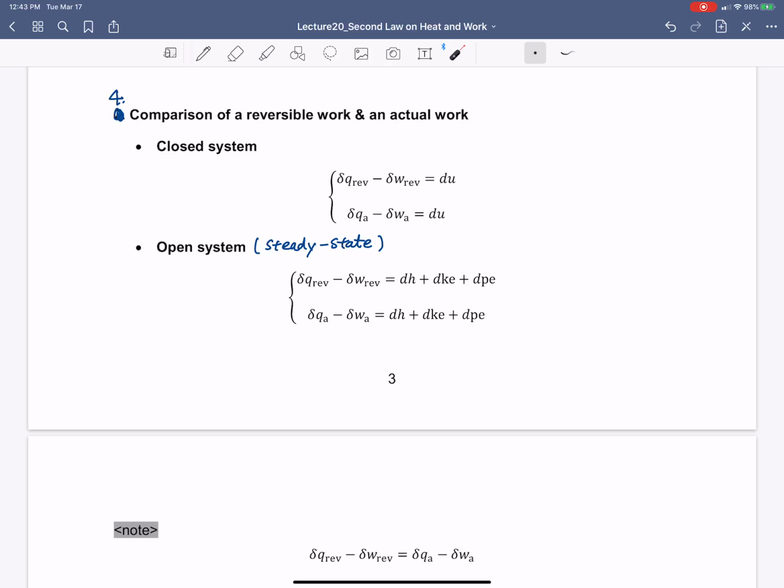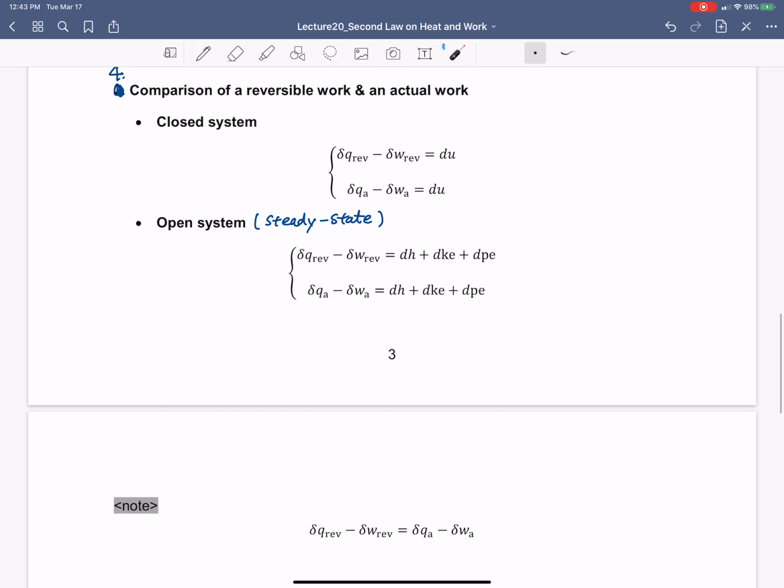How about the open system? Same thing. The individual heat and individual work could be different depending on your process, but that difference between heat and work can be written as the summation of dH, dKE, and dPE, and those right-hand terms should always be the same for all different processes as you see here. Now, let's equate them together.